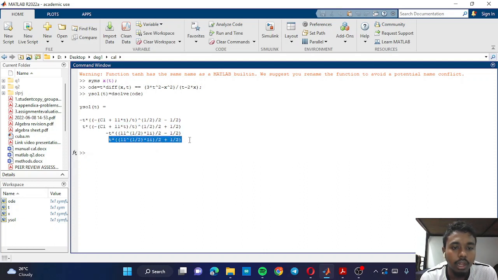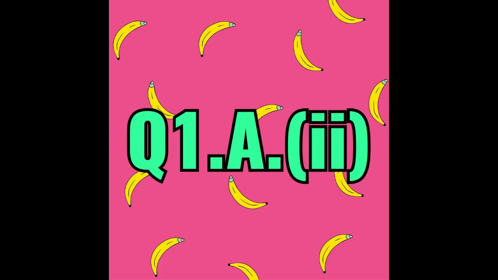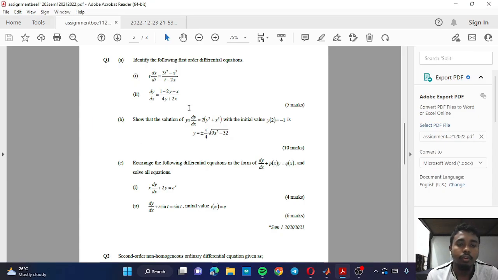Right, so for the simulate it is a bit short, and the answer for the manual is a bit long. Alright, so for question 1A, number 2, I will explain for the simulation and manual calculation.